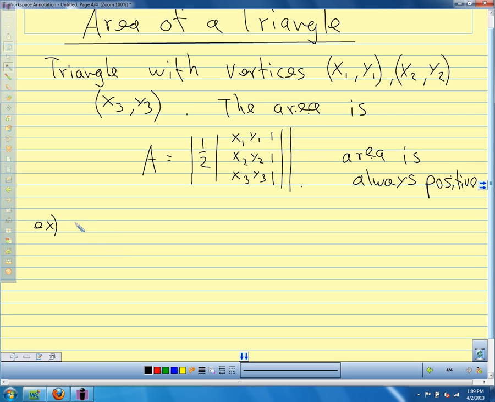So we have a triangle with vertices 1, -1, 2, 3, and 5, -3. And we want to figure out the area.